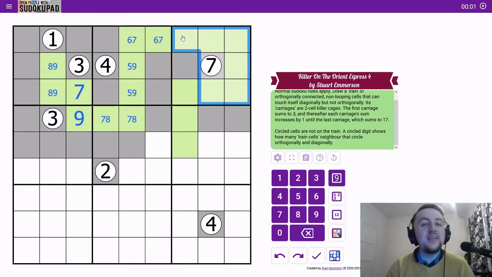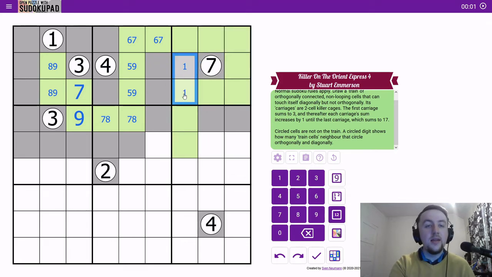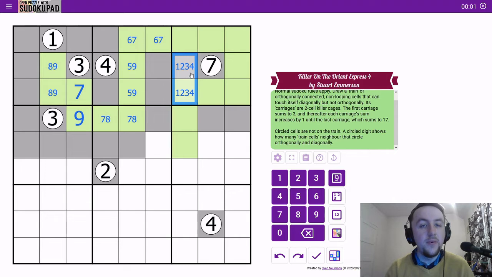So those add up to 40, and because we know that all 9 cells in a 3x3 box add up to 45, 1 plus 2 plus 3 plus 4 plus 5 plus 6 plus 7 plus 8 plus 9 equals 45, and those add up to 40, those two must therefore add up to 5, so they must be a 1 and a 4 or a 2 and a 3, but that is not a 3 or a 4, so it's a 1 or a 2, so that can't be a 1 or a 2, it must match that, so it must be a 3 or a 4.